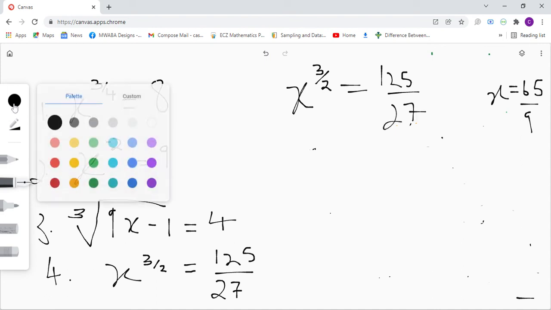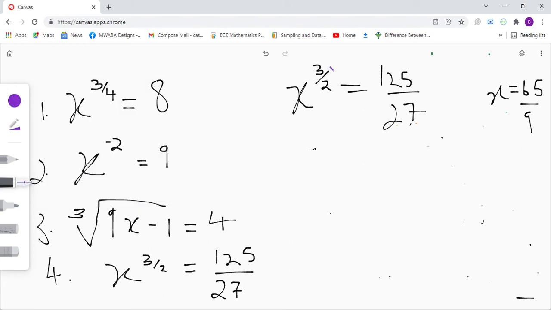So to get rid of the power, we're going to multiply it by its reciprocal, which is 2 over 3, right? 2 over 3, and the same applies on the other side. We're going to multiply by its reciprocal here. Okay. So 3 over 2 times 2 over 3 basically cancels each other out. It's equal to 1.